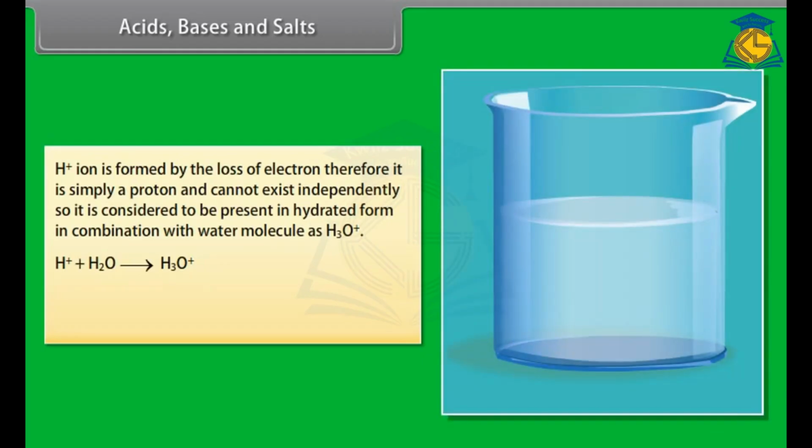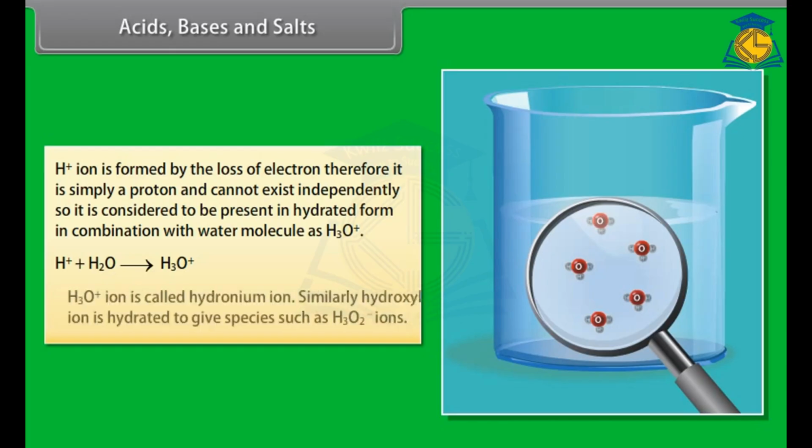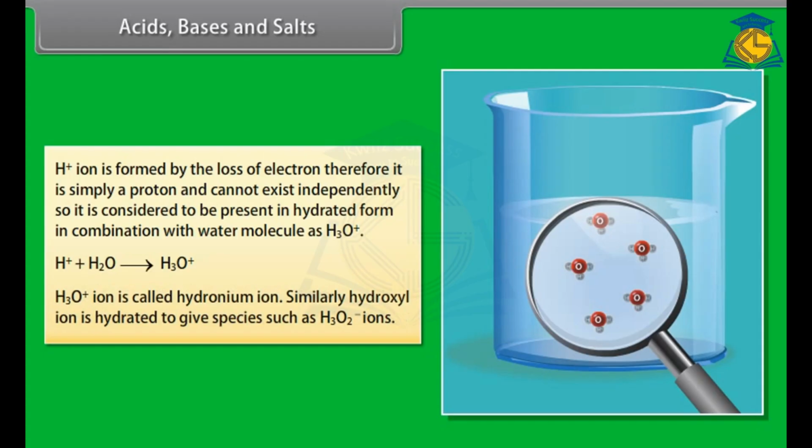H+ ion is formed by the loss of electron, therefore it is simply a proton and cannot exist independently. So it is considered to be present in hydrated form in combination with water molecule as H3O+. H3O+ ion is called hydronium ion.